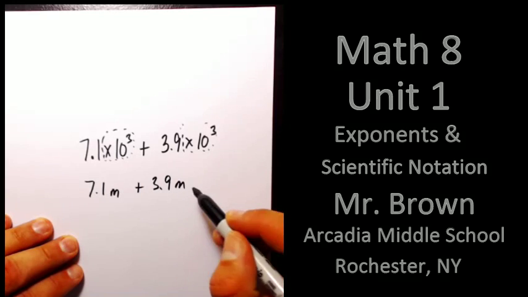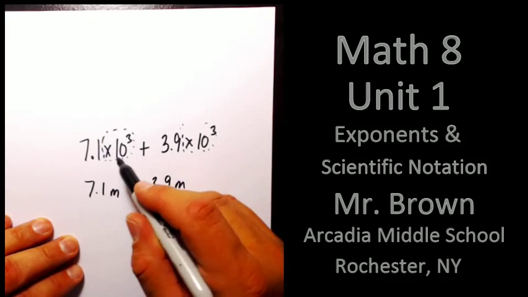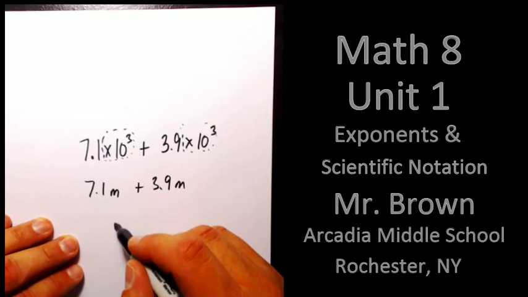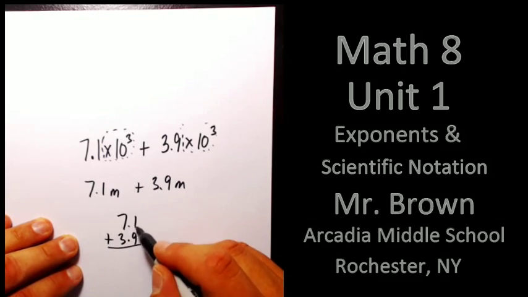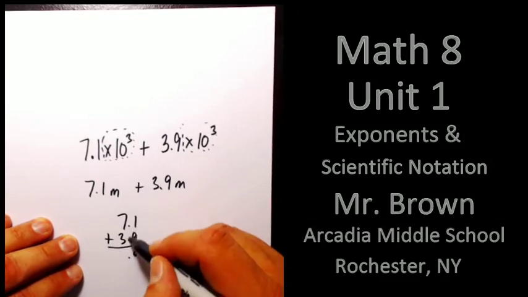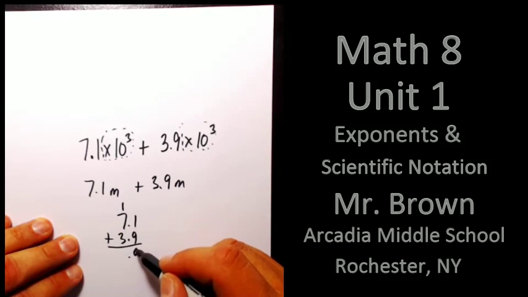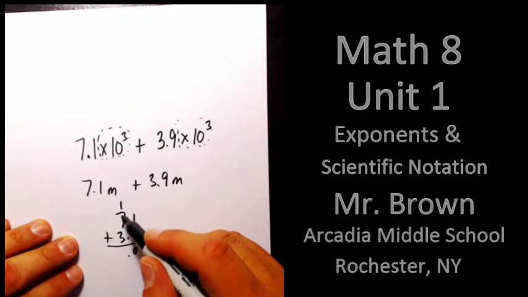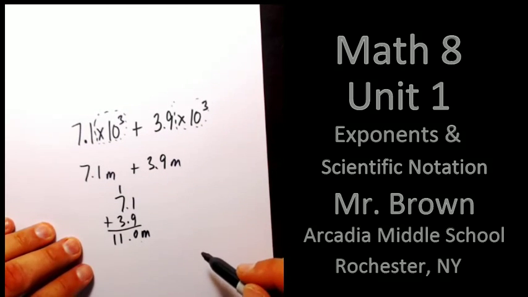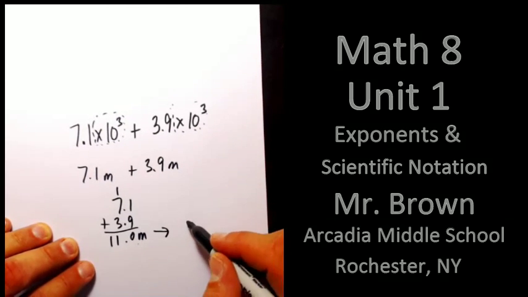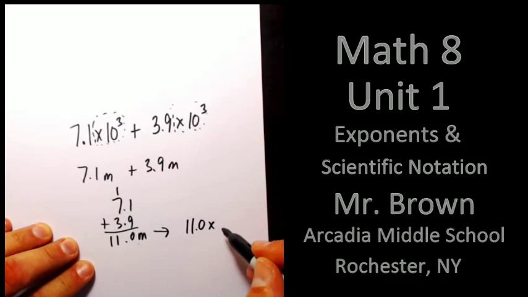And since these are exactly alike, you could add these together. 1 plus 9 is 10. Drop the decimal down. Carry the 1, 7, 8, 9, 10, 11. So this would be 11m. Or actually, in this case, it's 11.0. Instead of m, it's going to be that 10 to the third power.